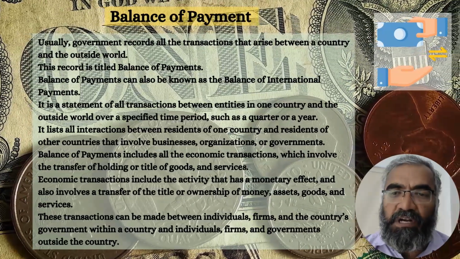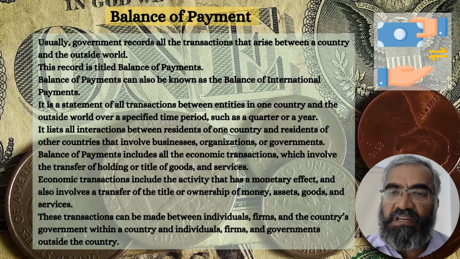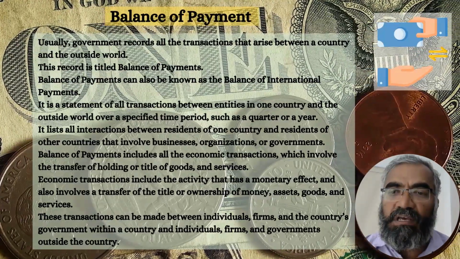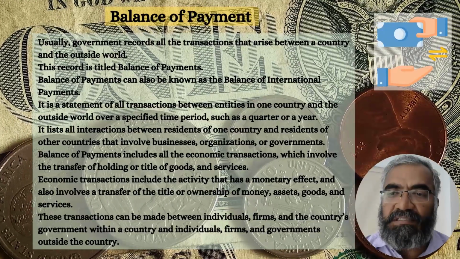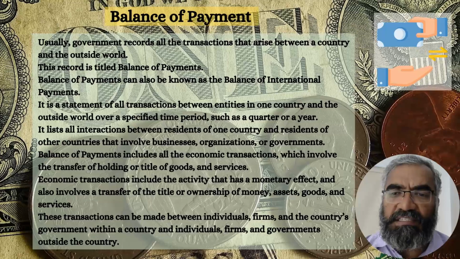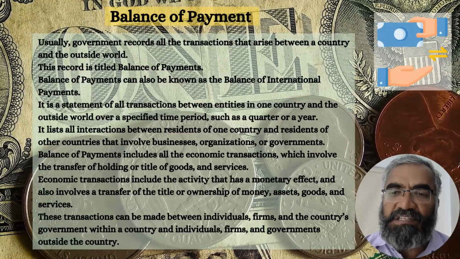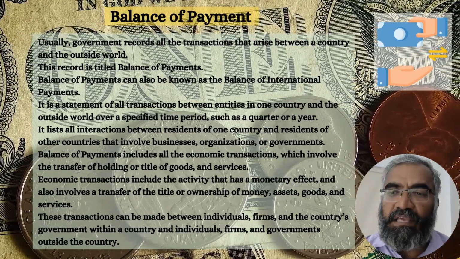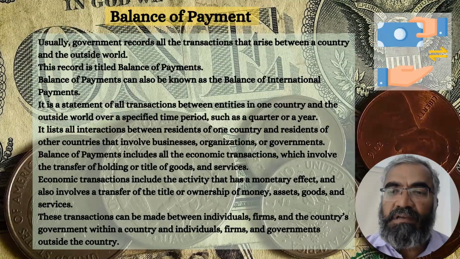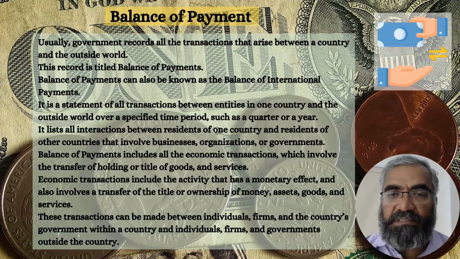It is a statement of all transactions between entities in one country and the outside world over a specific time period, such as a quarter or a year. It lists all transactions, that is, interactions between residents of one country and residents of other countries that involve businesses, organizations or governments.